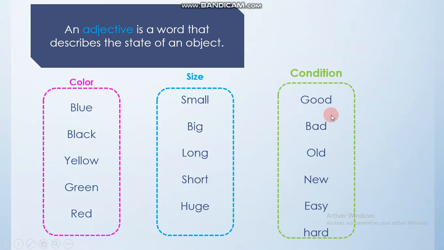So here, bad is an adjective. And then we have old and new, as we already saw. Old and new describe the condition of an object, so they are adjectives. And here we have easy and hard. All of these are adjectives that we use to describe an object.